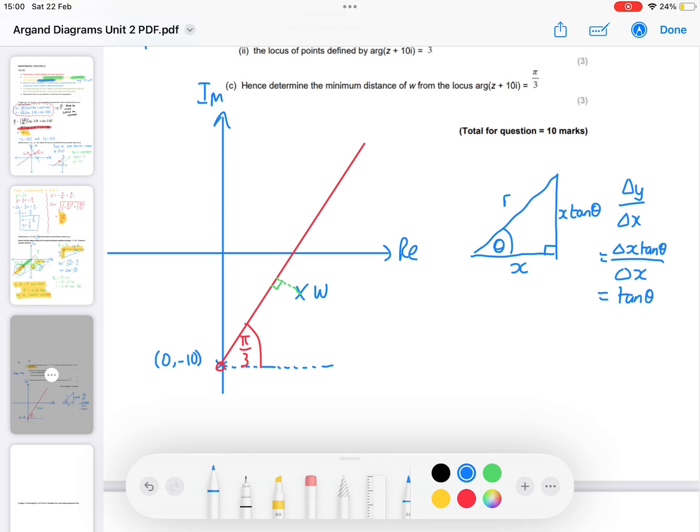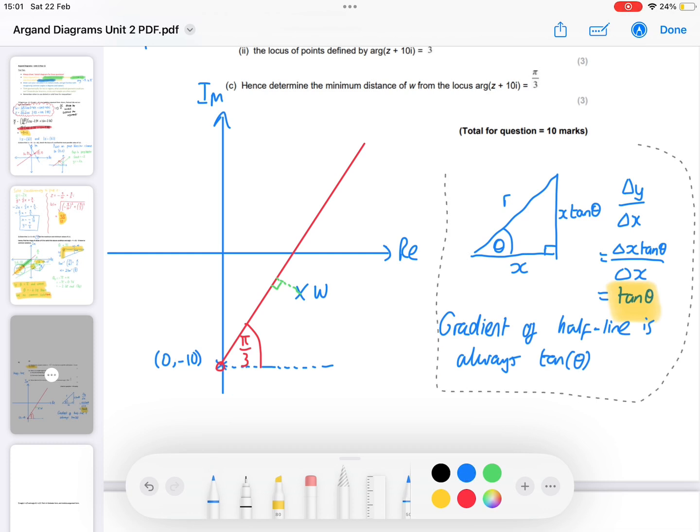And this tells you that the gradient of a half line is always going to be tan theta in these cases. Although you do need to be careful if theta is obtuse, but it's always based on this idea of being around tan theta. So that's why that works.